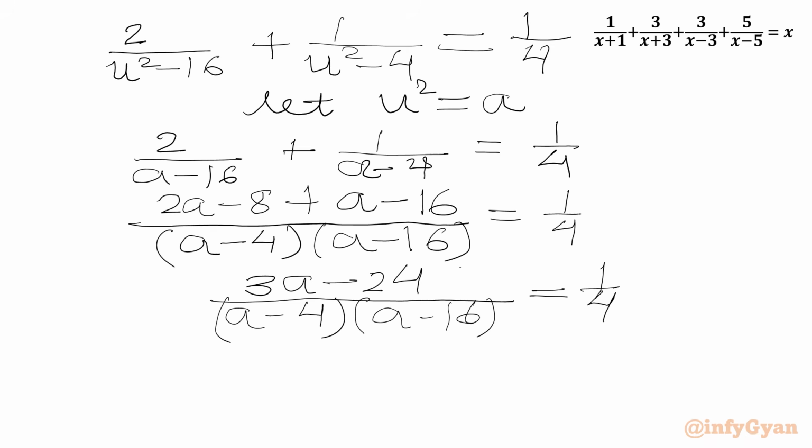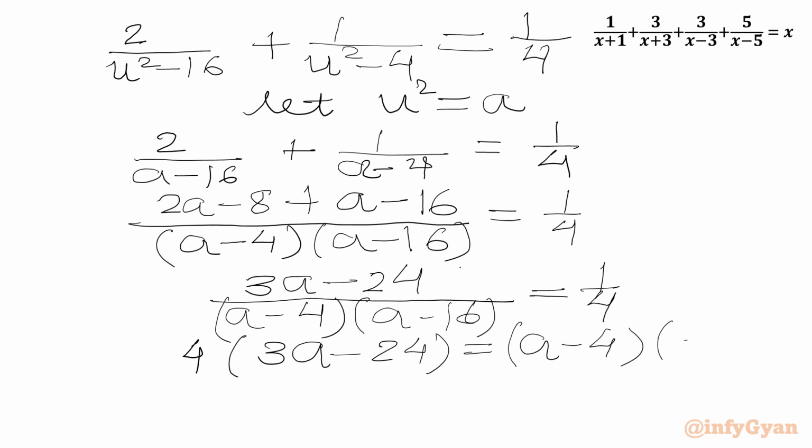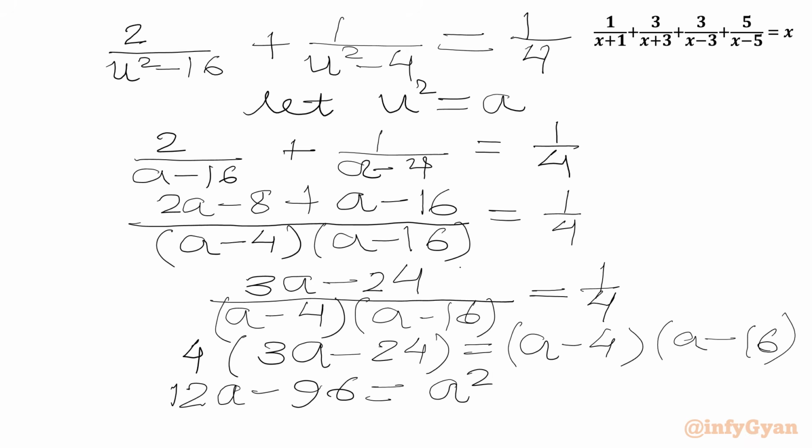Now we will cross multiply and we can write 4 times 3a minus 24 equal to a minus 4 times a minus 16, which will give us 12a minus 24 times 4, 96, equal to a square minus 16a, minus 4a, minus 20a, minus 4 times minus 16 plus 64.